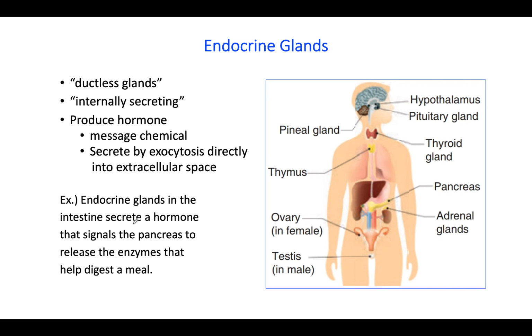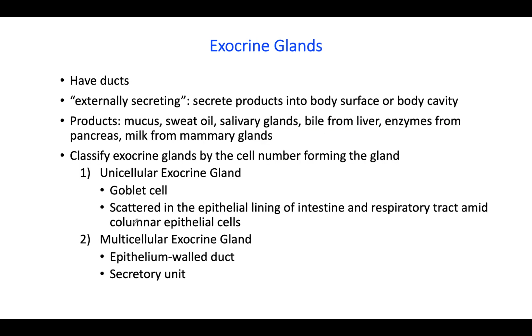Most glands are multicellular, consisting of epithelium and a supporting network of connective tissue. Exocrine glands have a duct and secrete the product into a body surface or body cavity through a duct.